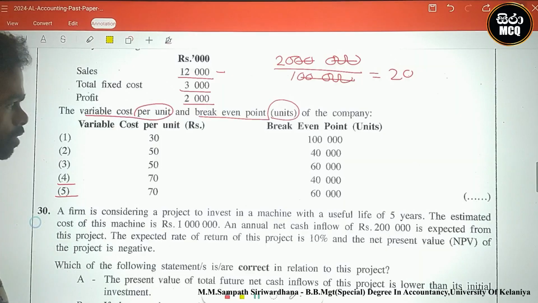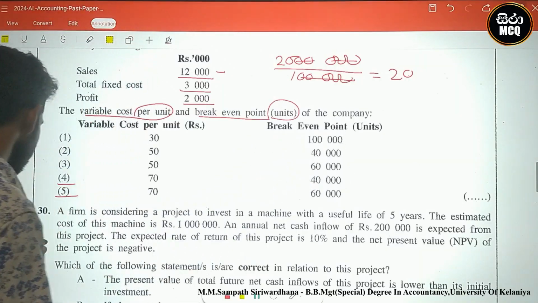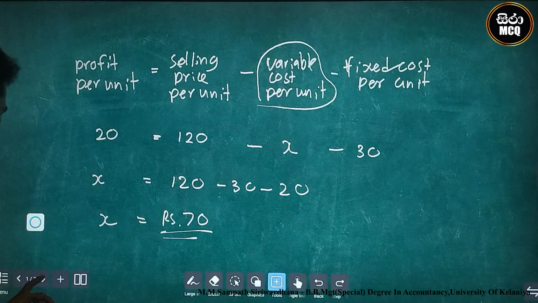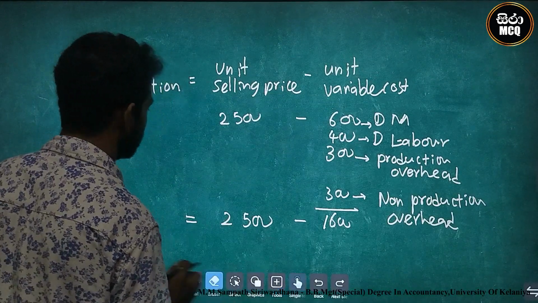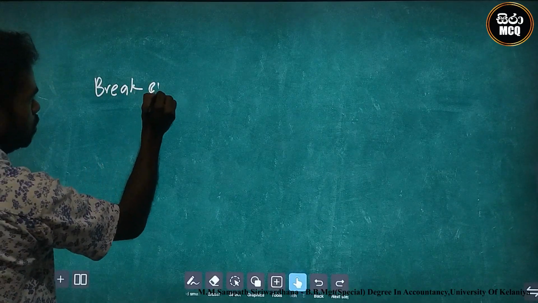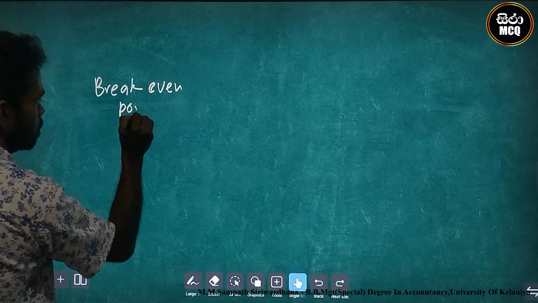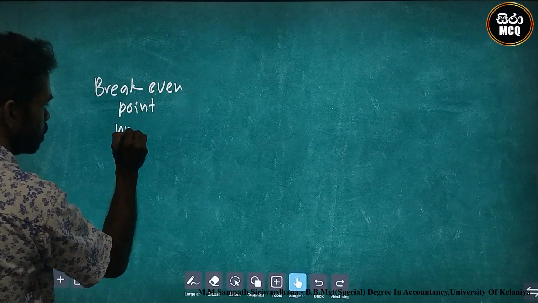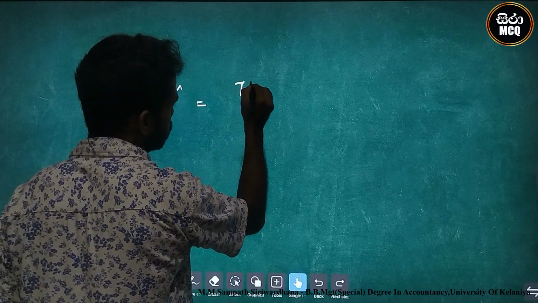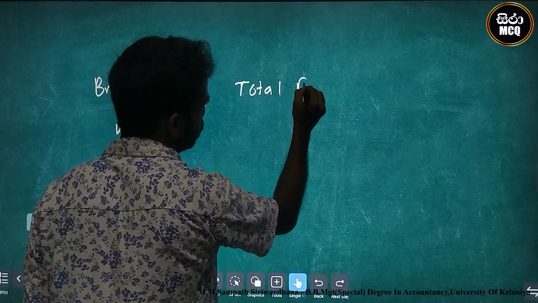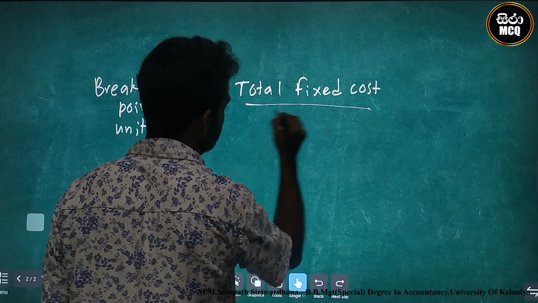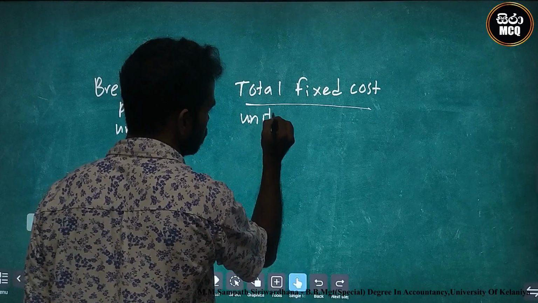There are two answers. Now we find the break-even point units. What is the equation for break-even point units? How can we calculate? Total fixed cost divided by unit contribution.